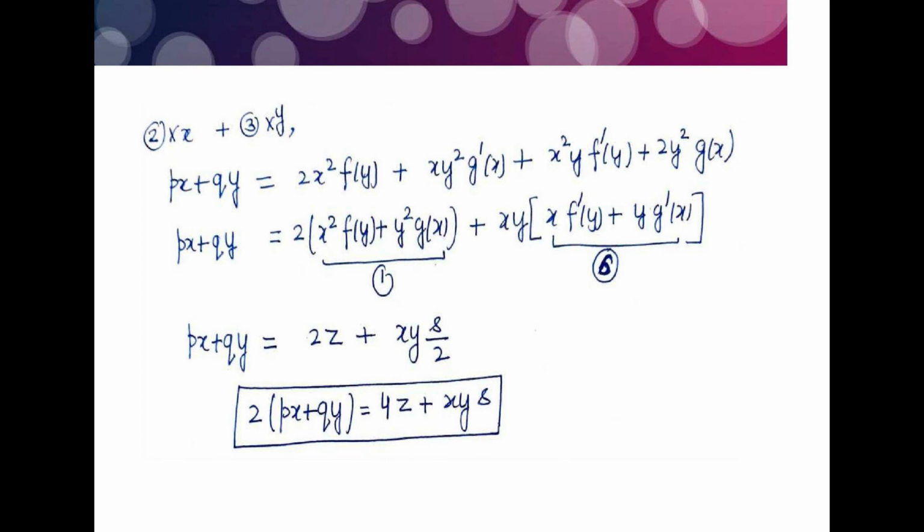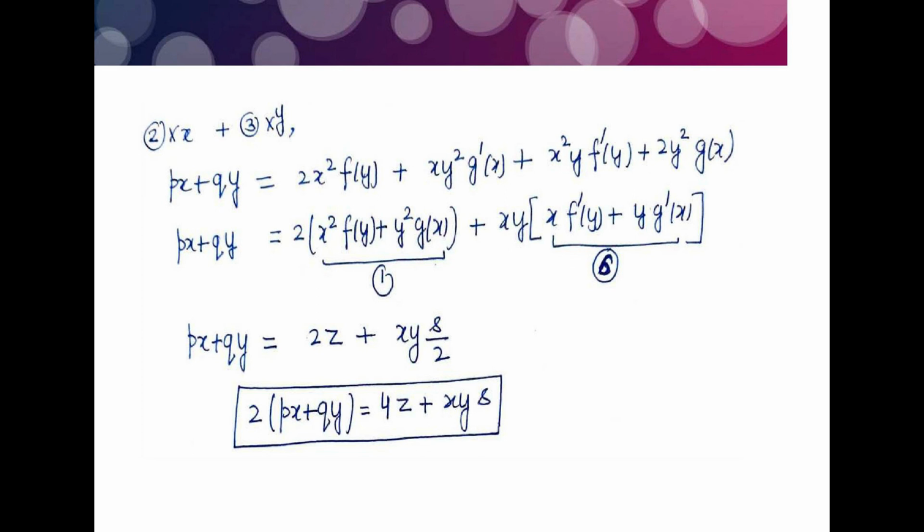So multiply equation number 2 by x and equation number 3 by y and add these two. We have the following expression. The left side is px plus qy equal to. If you see the expression on the right hand side, we can simplify this.